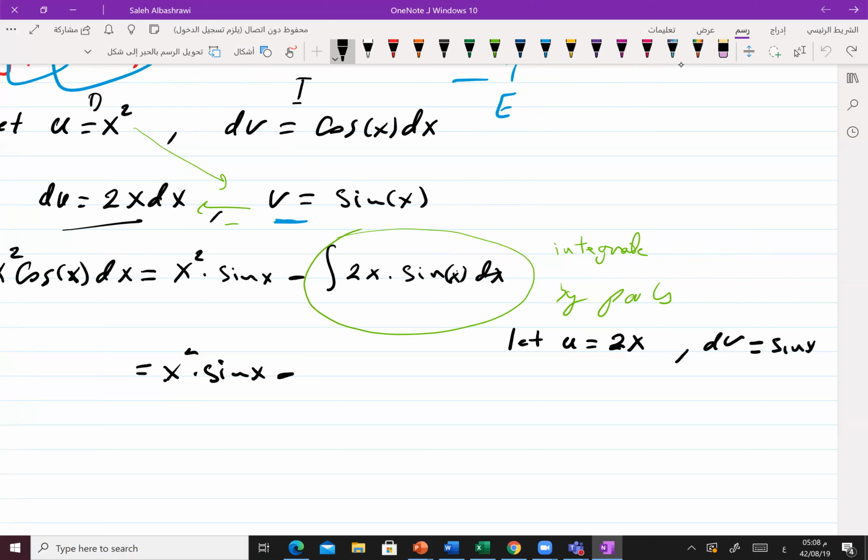Now differentiate the first one: du will be 2 dx, and integrate the second one: v will be minus cosine x.